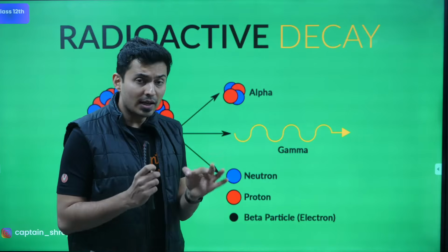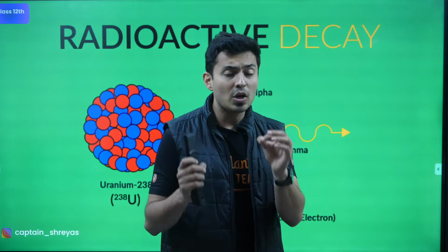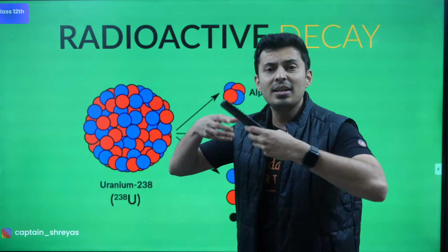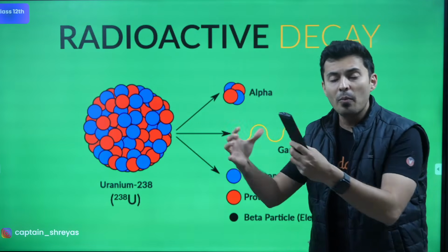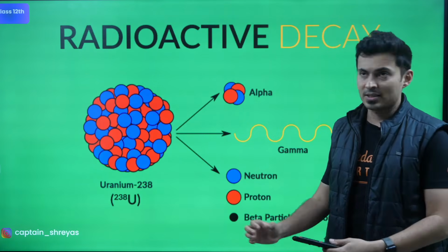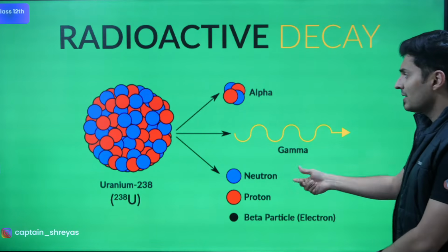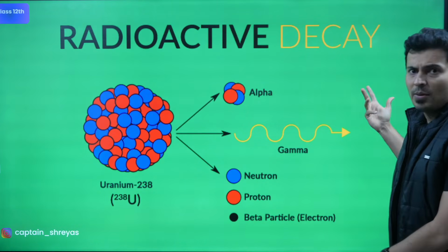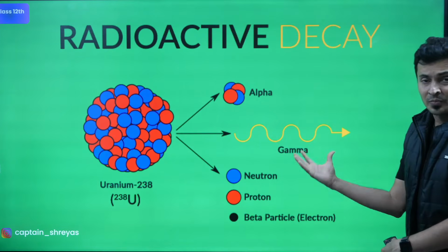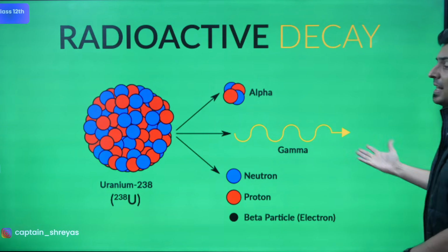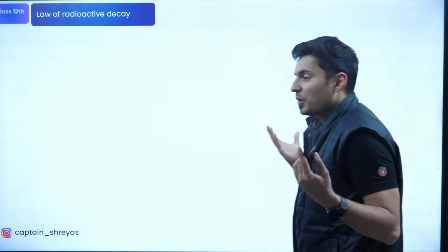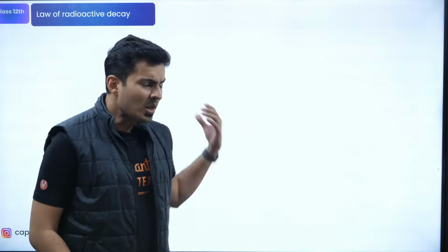It is said to possess this property of radioactivity, where it naturally decays into a much more stable nucleus. So a heavy radioactive nucleus decays by emitting alpha, beta or gamma particles, and sometimes these radioactive nuclei are very dangerous to human beings because they can cause a lot of diseases.